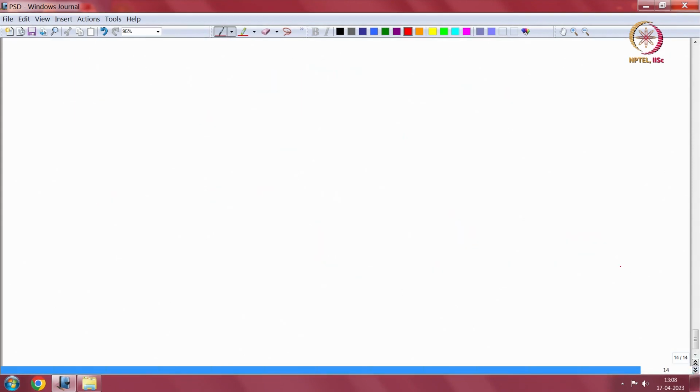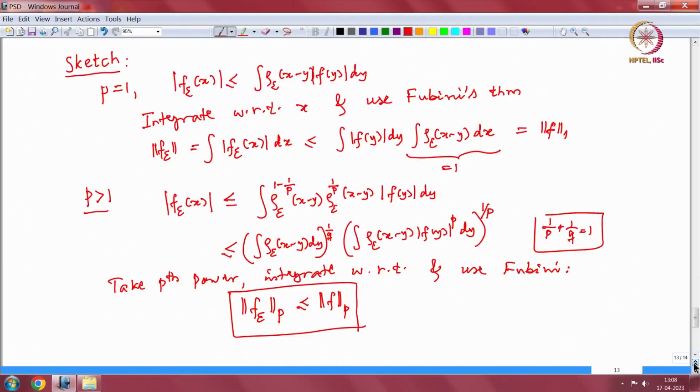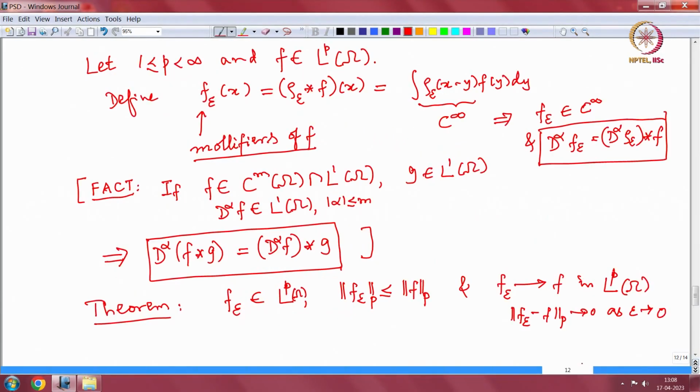Next, we are going to prove the other part, namely that f_epsilon converges to f.